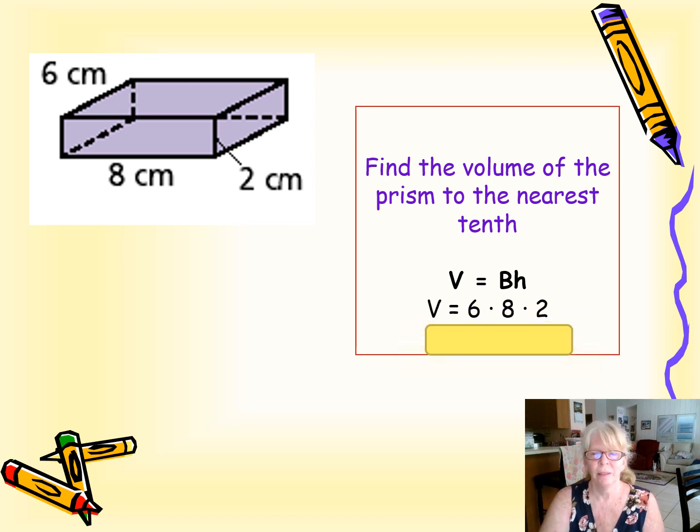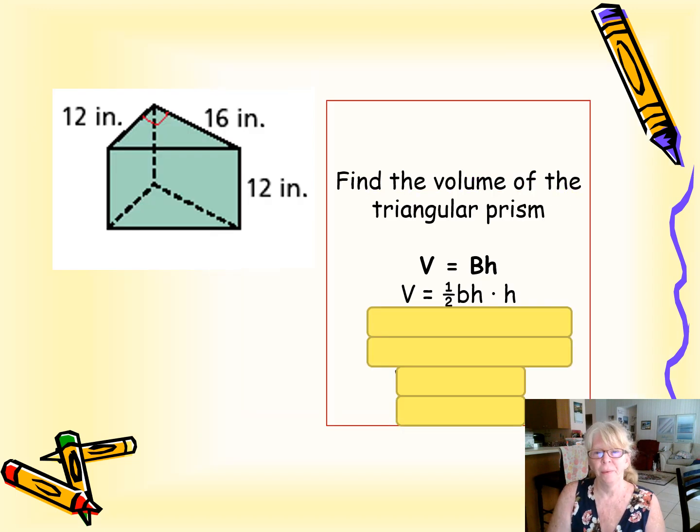And 6 times 8 times 2 is 96. I'm assuming that's pretty decent. Again, like I said before, you got this in pre-algebra, so this really should just be a review. Nothing new.